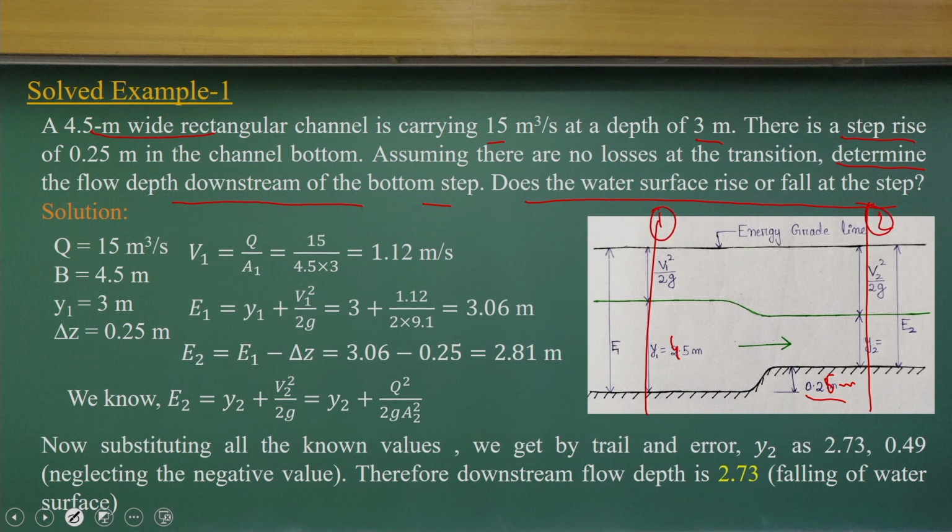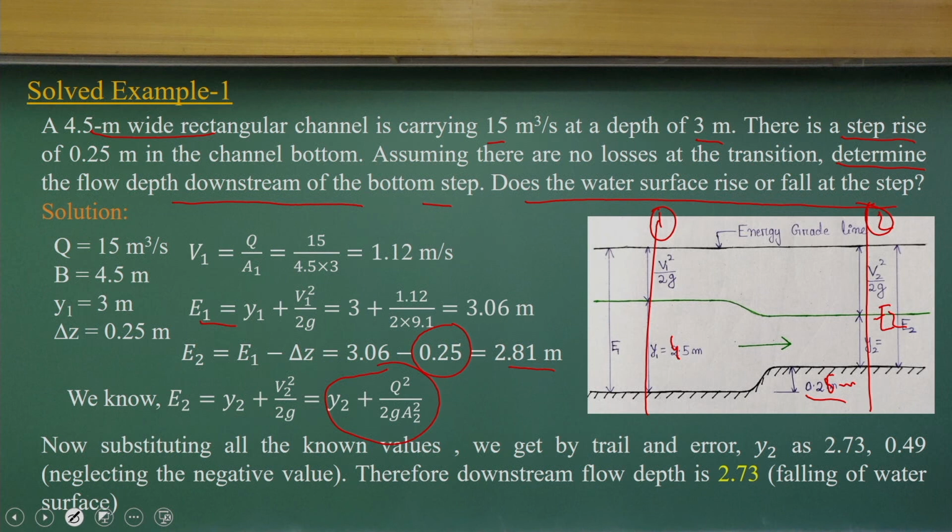I can compute the specific energy at section 1 and section 2. The specific energy will be lesser than E1 because of this rise height of 0.25 meter, and that is the reason we get this E2 value. As I know the specific energy E2, from that substitution I will get a relationship between Y2 and A2.